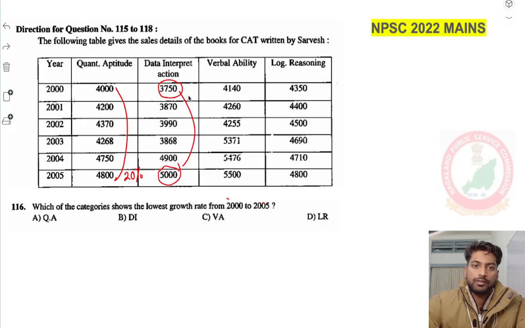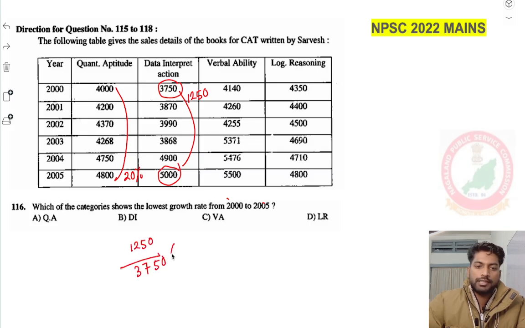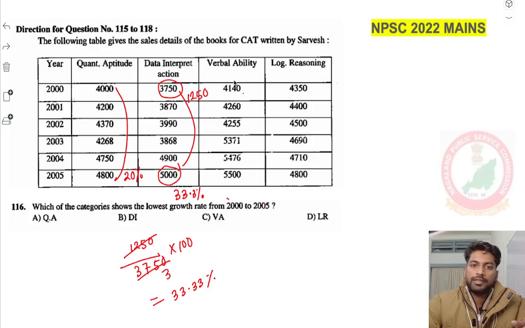So it's 1250 growth from 3750, into 100. So this will be 33.33%. So this growth rate is 33.33%. This one, 4000 to 5500.